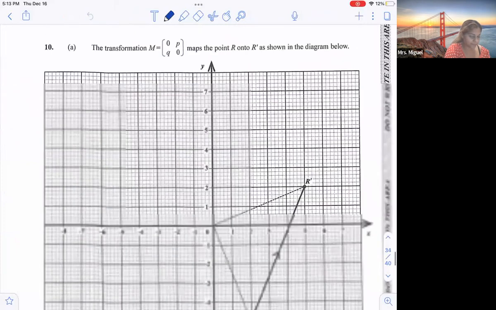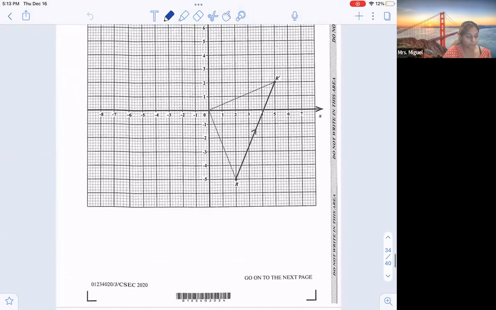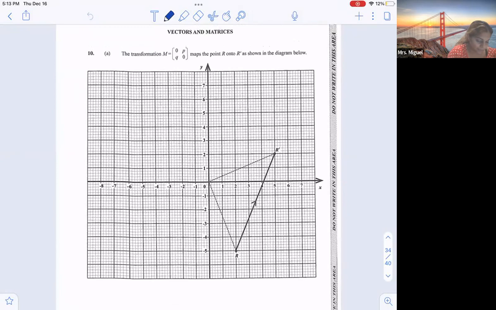All right, this is the question. The question tells you the transformation M, which is the matrix with entries 0, P, Q, 0, maps R to R prime. They are asking you for the matrix, or P and Q. Now watch this.